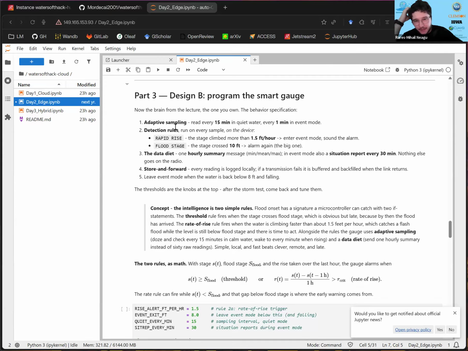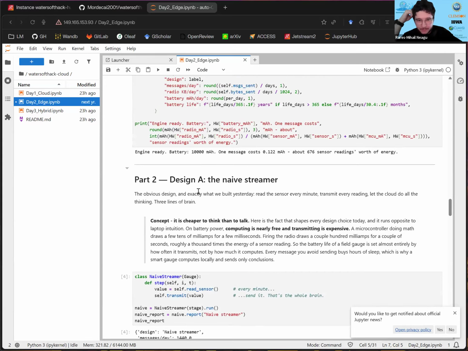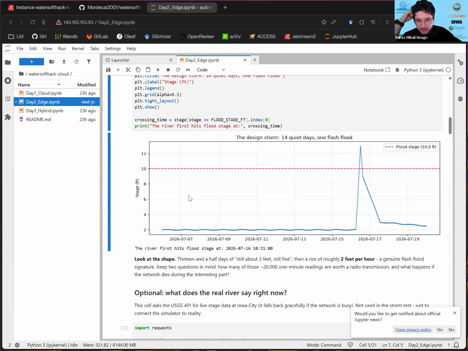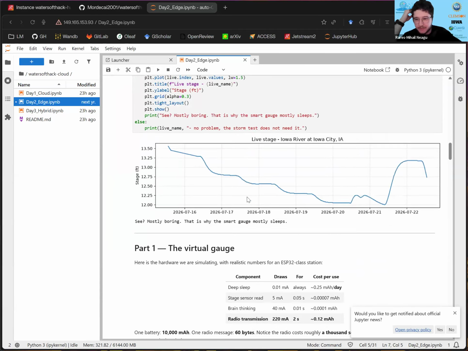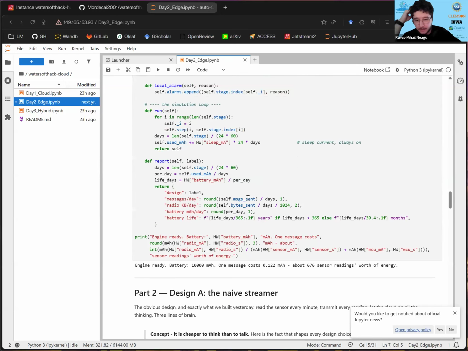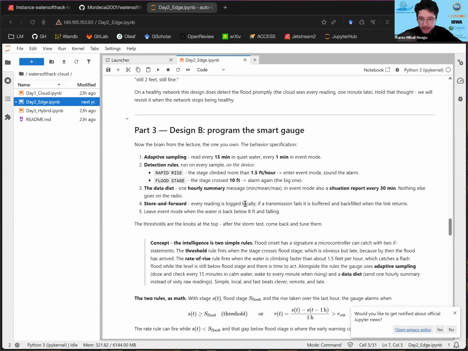So if it's in quiet waters, where nothing is happening, for example, let's say on our hydrograph we're around here, on this part of the graph, we're just going to sample every 15 minutes. So see, we already cut the sampling rate by 15. Okay.